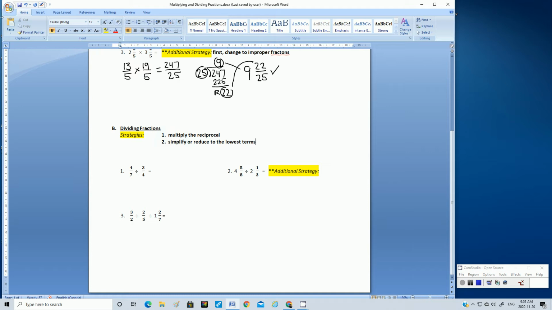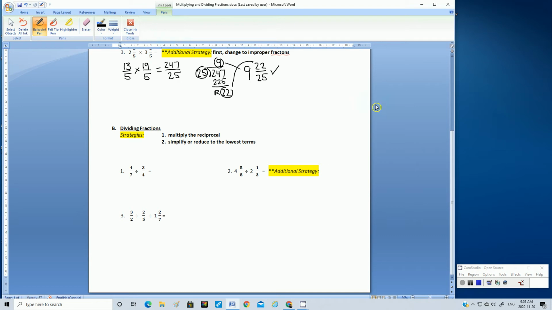Okay? All right, so we've got a new vocabulary here. So let me just highlight that. The reciprocal.